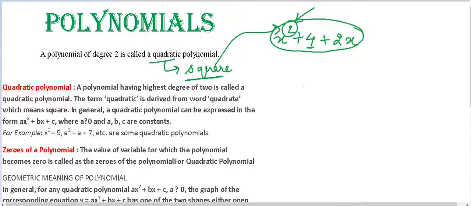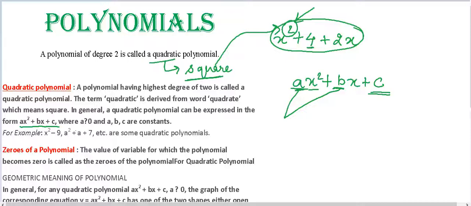Now see, the basic form of a quadratic polynomial is ax square plus bx plus c. These are the coefficients, right? Whatever comes with the variables are the coefficients. So a is the coefficient of x square, b is the coefficient of x, and c is the constant.